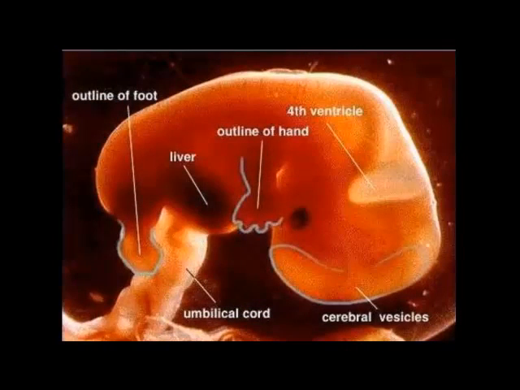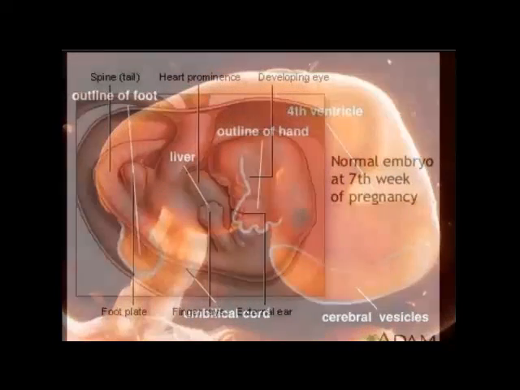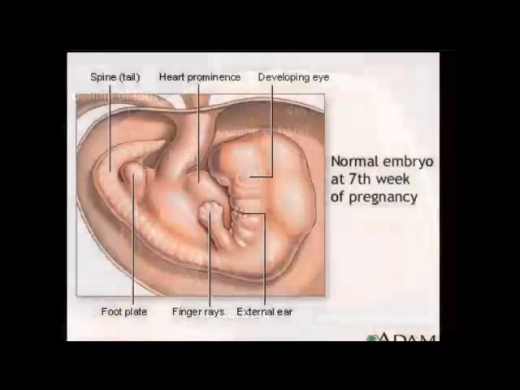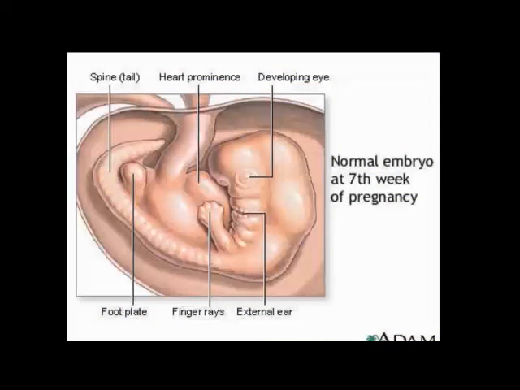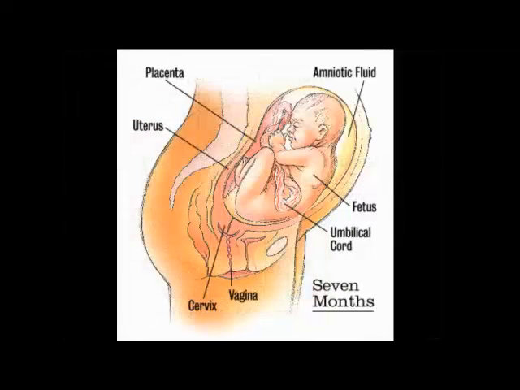Gonadal sex appears during the 7th week of intrauterine life, when the indifferent gonadal tissue of genetic males begins to differentiate into testes under the influence of the sex-determining region of the Y chromosome, or SRY.